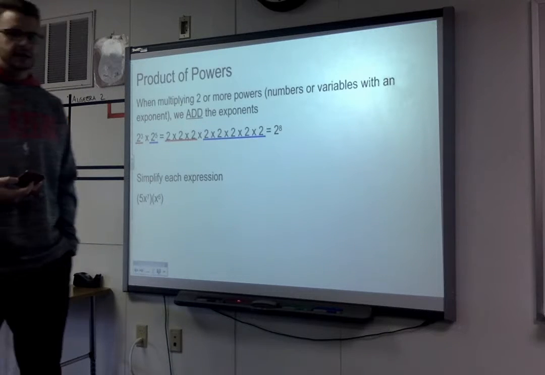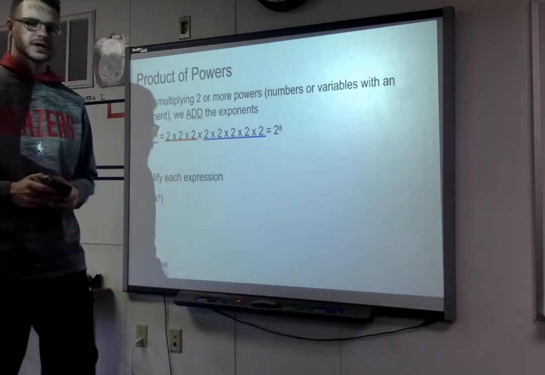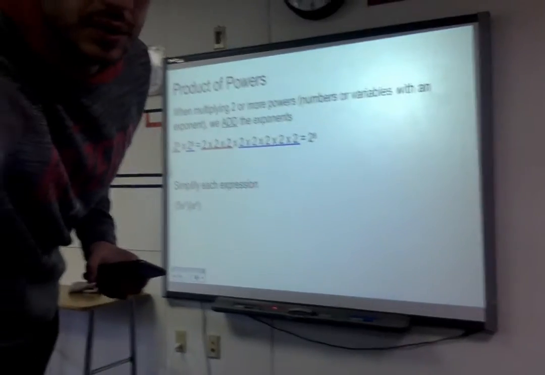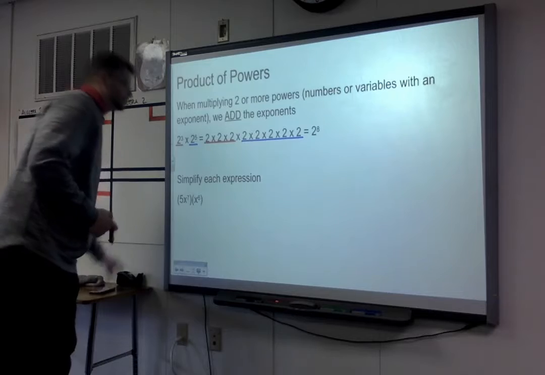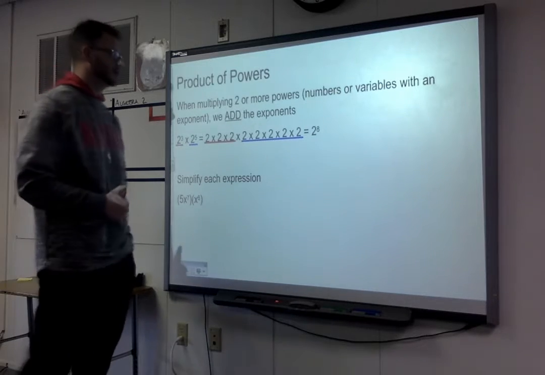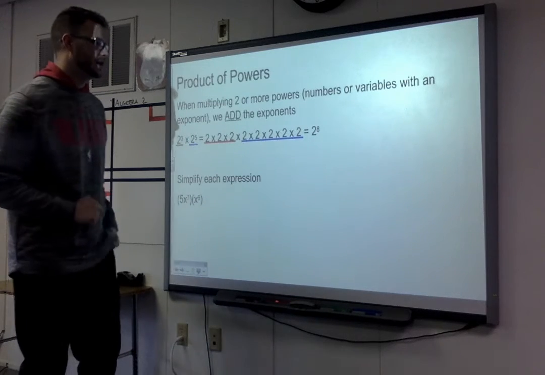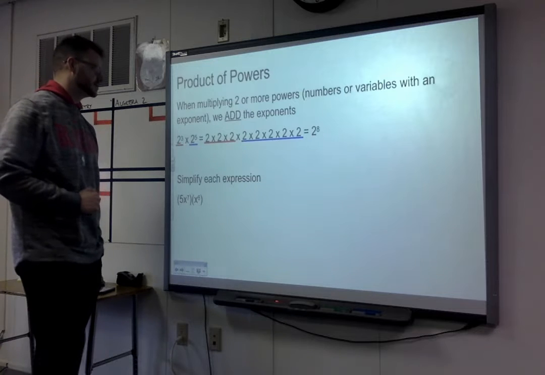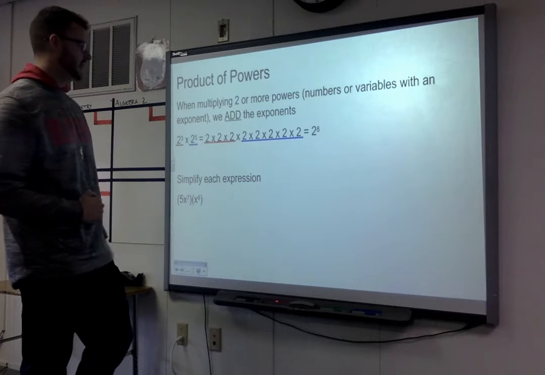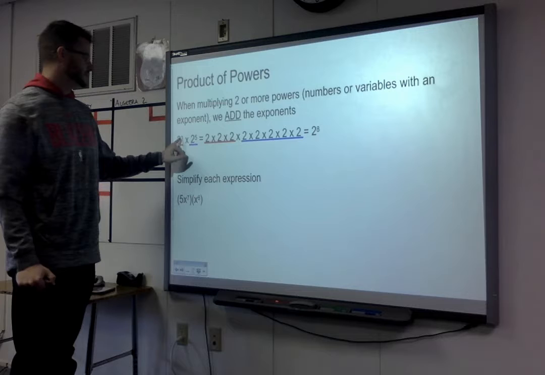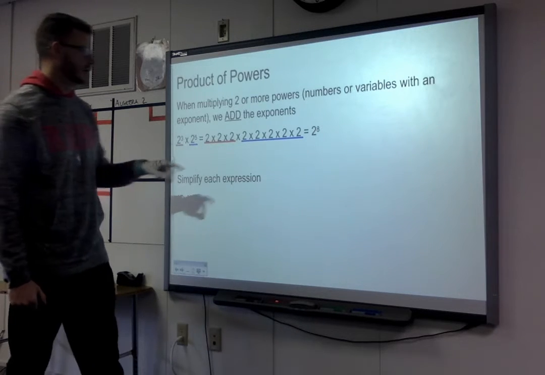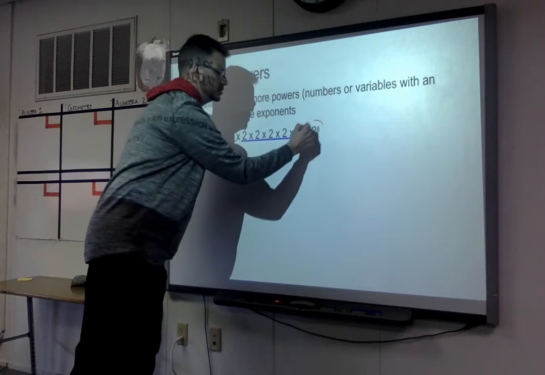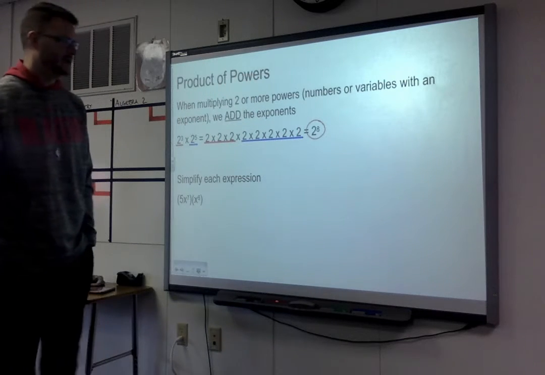Now, if we take a look at product of powers, in this case we're working on multiplying monomials. When multiplying two or more powers, which again are the numbers or variables with an exponent, we add the exponents. So 2 to the 3rd power times 2 to the 5th power would end up giving us a solution of 2 to the 8th power.